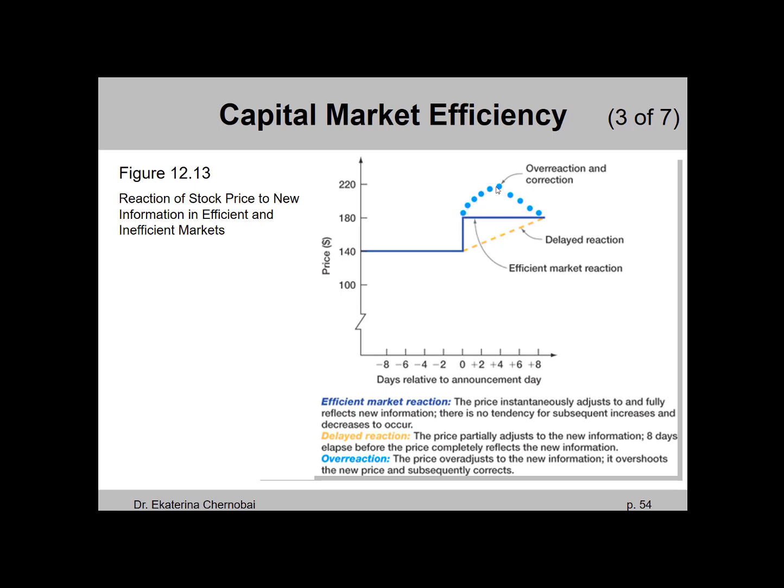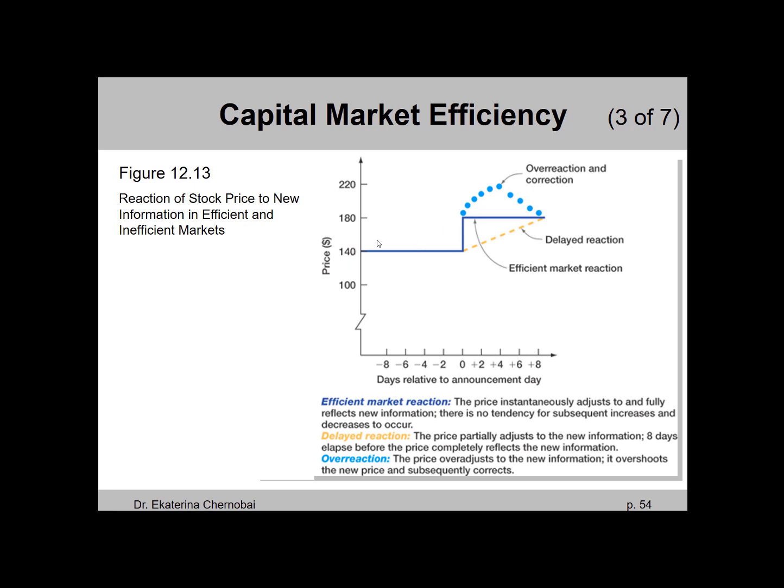The price kind of goes to about 220 and then goes back to 180. And the orange broken line, where the price slowly goes up to 180 over the next several days. Which one of these 3 adjustments to the new information is efficient, and which one or which ones are inefficient?